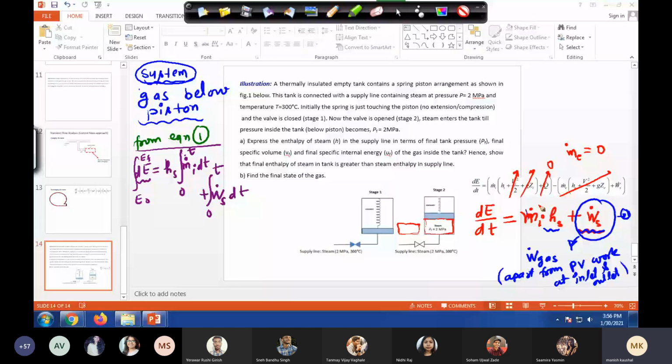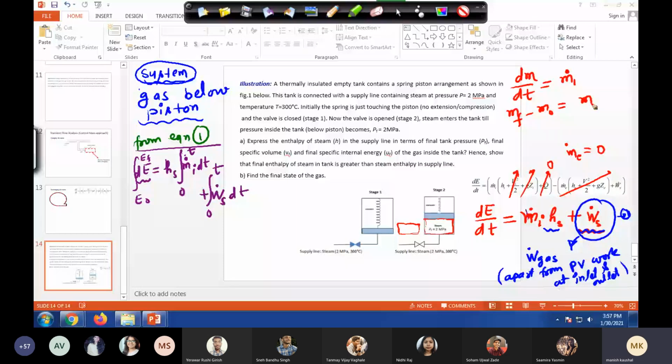mi dot dt. Okay, perfect. What is the mass balance, by the way? dm by dt is mi dot. So we can write mf minus m naught is the integral of mi dot dt from 0 to t.